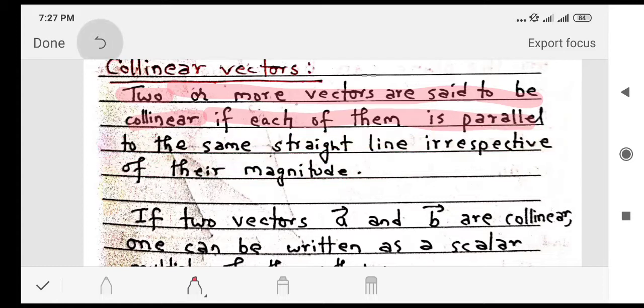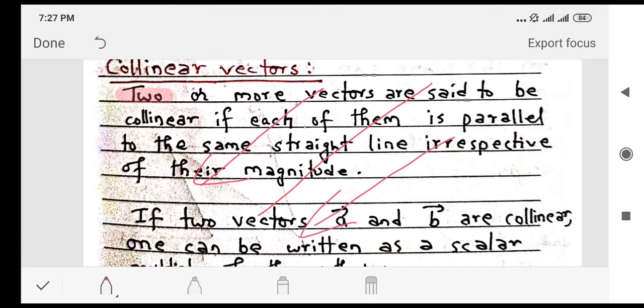So suppose we have a straight line, and if we have any two vectors which are parallel to that straight line, then these vectors are called collinear vectors, or we can also say they are coincident vectors, because their slopes are the same.